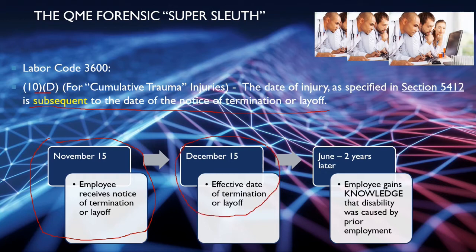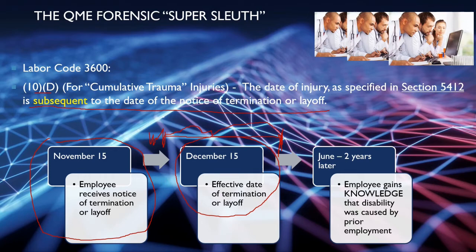A specific injury claim can fly if the injury occurs in this time period and the employee files the claim for injury within 30 days. So this is a 30-day time period.